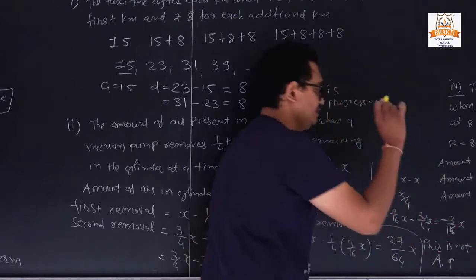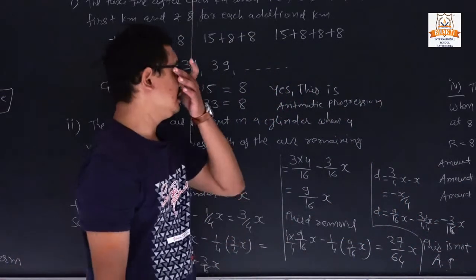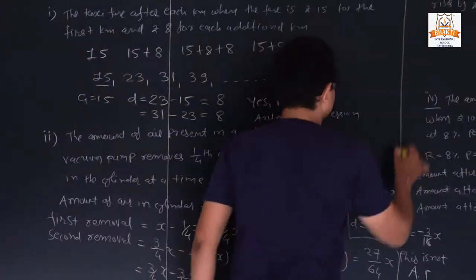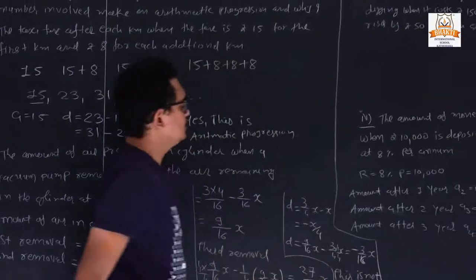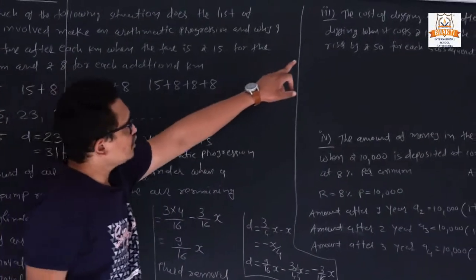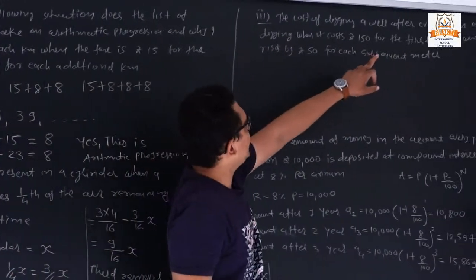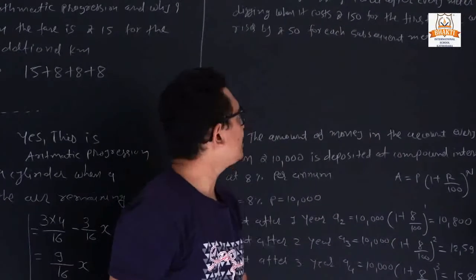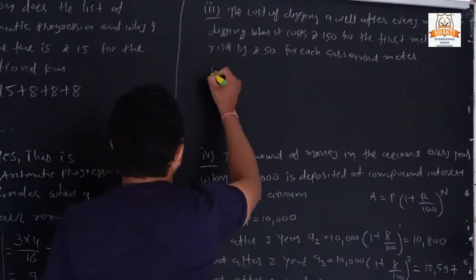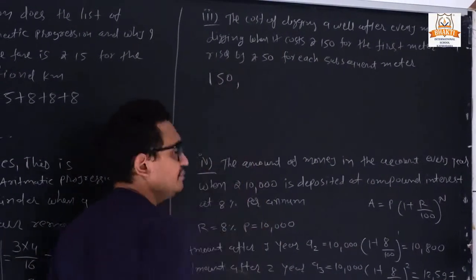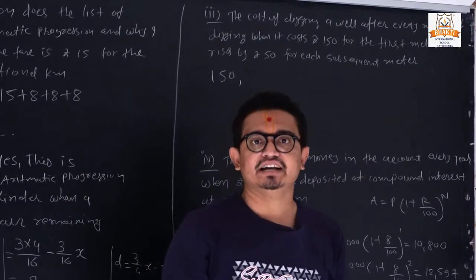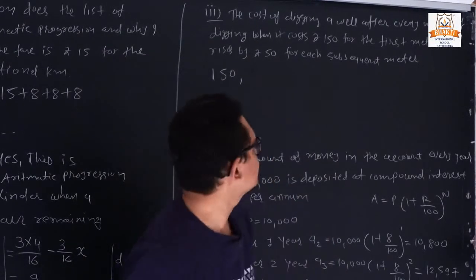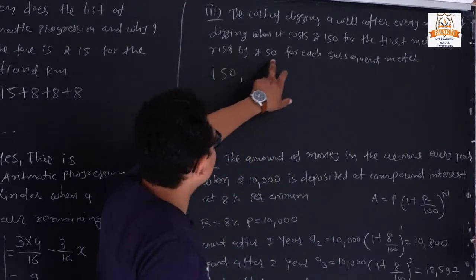AP means arithmetic progression. Now third, the cost of digging a well, when the cost is 150 for the first meter. So it means if we dig 1 meter, we get 150 rupees, and it rises by 50 rupees.